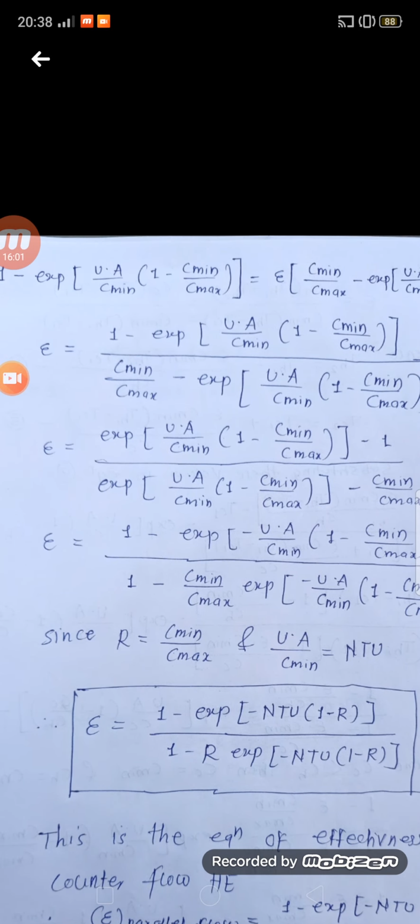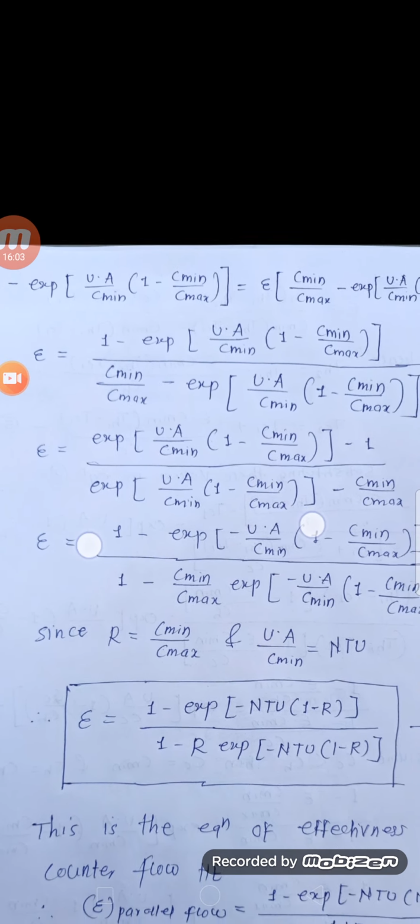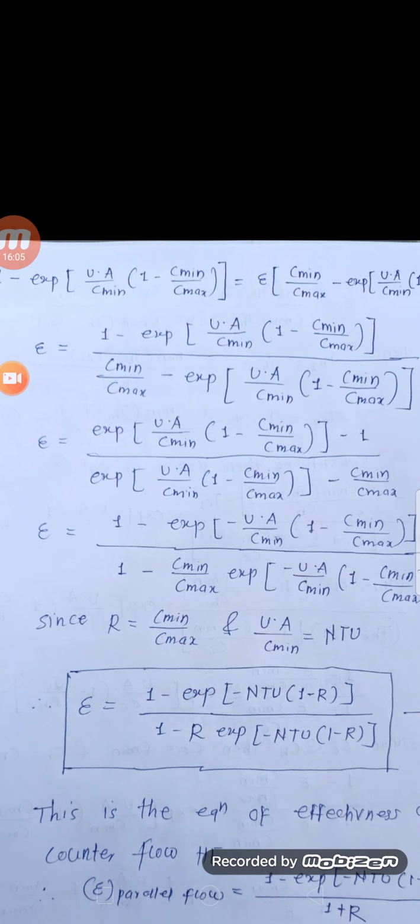Now we have to interchange the parameters. So epsilon is equal to, we take this term at minus 1, and we take the denominator also the same, that is we take this term at the left hand side and this term at the right hand side. So epsilon is equal to exponential of UA upon C minimum into bracket 1 minus C minimum upon C max, minus 1, and similarly interchanging the sign.